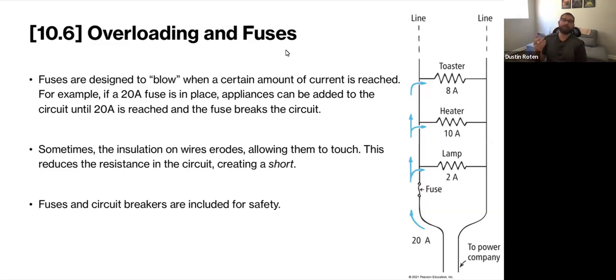And again, the whole point of that was for times when wires heat up and the insulation erodes. If that happens and two wires touch, that reduces the resistance in the circuit and it causes a short. And a short is essentially when two wires touch and there's not enough resistance between them. And then all of this is just for electrical safety in homes and devices.